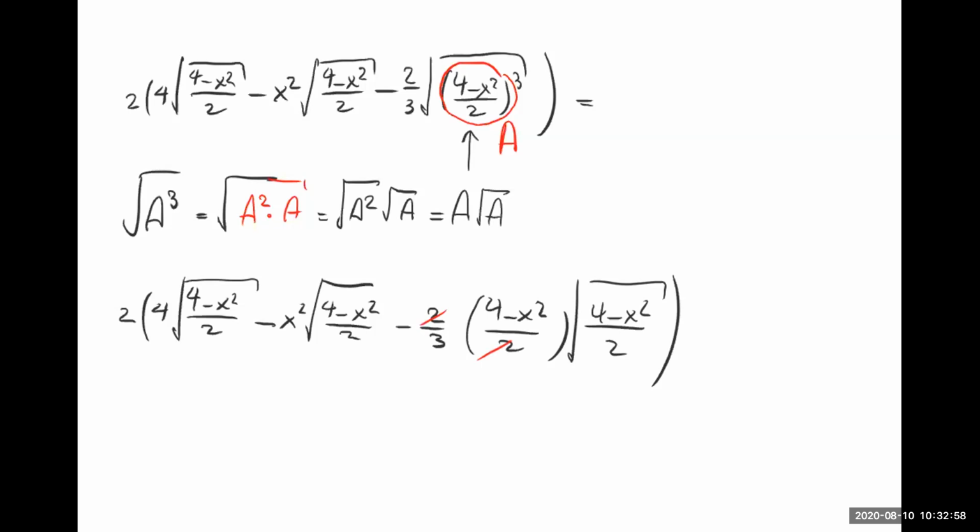And then we can simplify things a little bit. So we have 4 times this integral. We have 4 here, and we have 4 times this thing here too. Here we have x squared, here we have x squared too. We can simplify it a little. And what we would get is 4 over 3 square root of 2 times 4 minus x squared to the power 3 over 2. So this is what we will end up with if we simplify it.